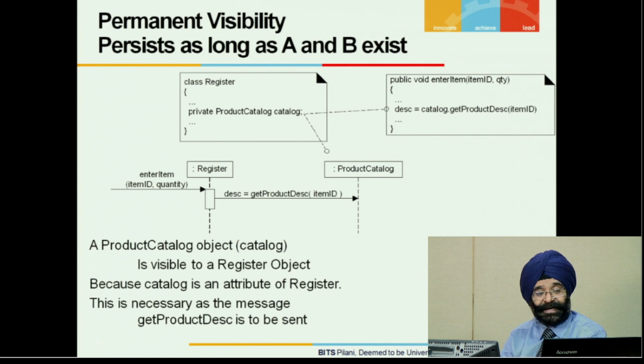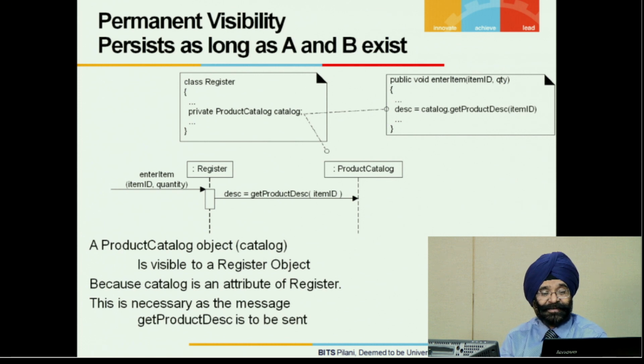Now, product catalog has a method called getProductDescription, and the moment catalog has been instantiated from product catalog, this method becomes available. I read it as description though I spell it as DESC. Please note this difference and don't get unnecessarily confused.